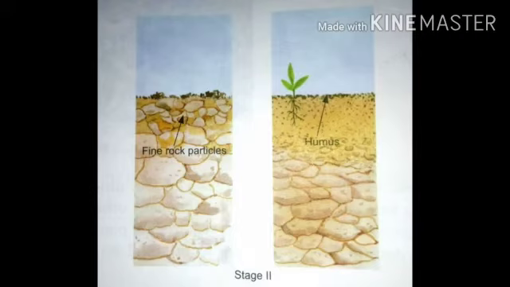The plant cannot grow in it, so the bacteria and other microorganisms break down the plant and animal remains to add the humus. So in these fine particles, the bacteria help to decompose all the minerals and nutrients present inside the animal and plant body.